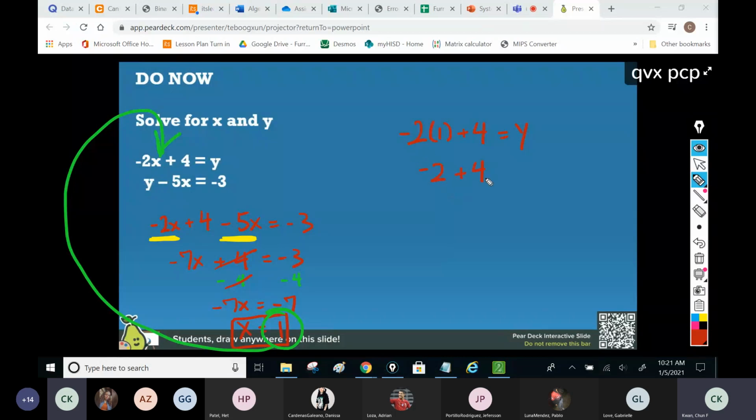Negative 2 plus 4 equals y. So y equals 2. And that's your other answer. So x equals 1, y equals 2.